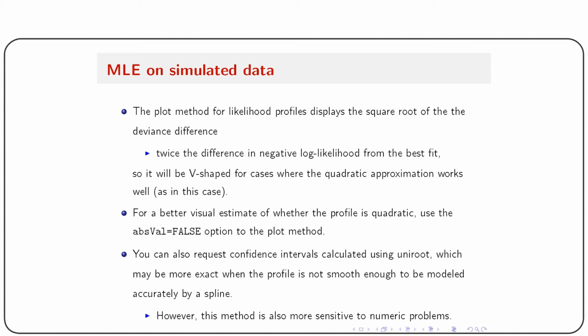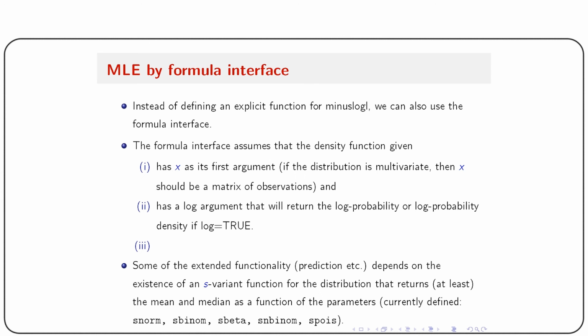You can also request confidence intervals calculated using uniroot, which may be more exact when the profile is not smooth enough to be modeled accurately by a spline. However, this method is also more sensitive to numeric problems.